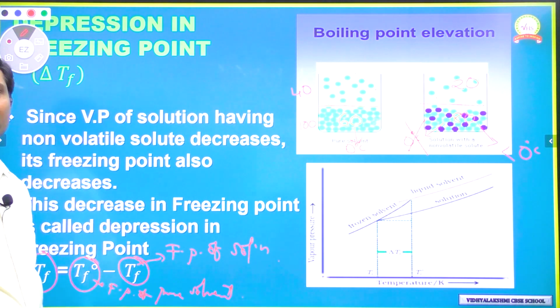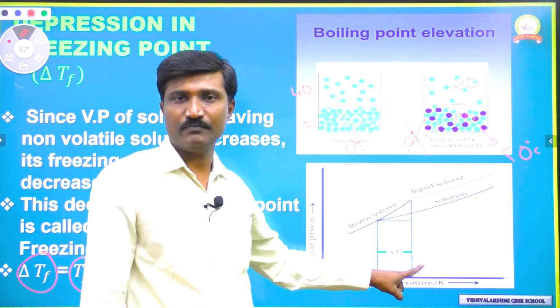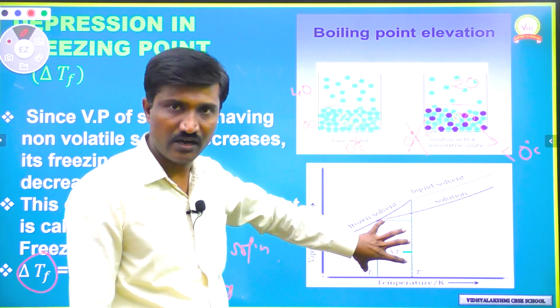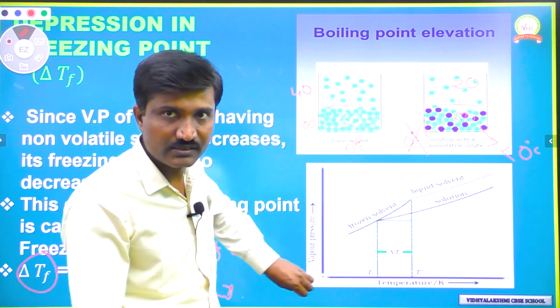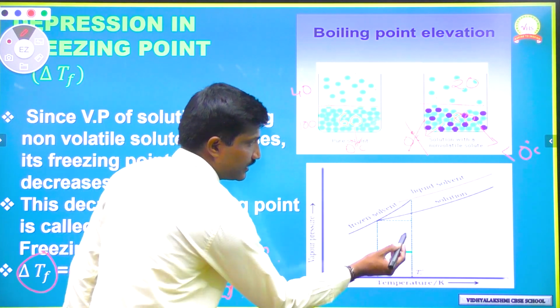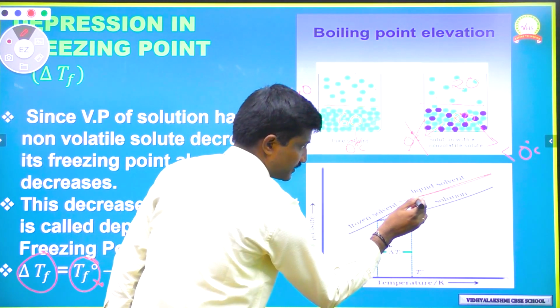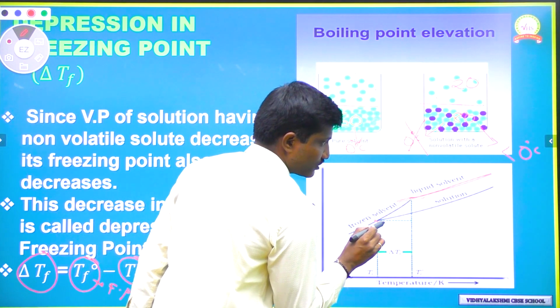Freezing point of solution. If you see the same concept in the diagram part, in the graph of vapor pressure with respect to temperature, this is the pure solvent curve, and this is the solution curve.